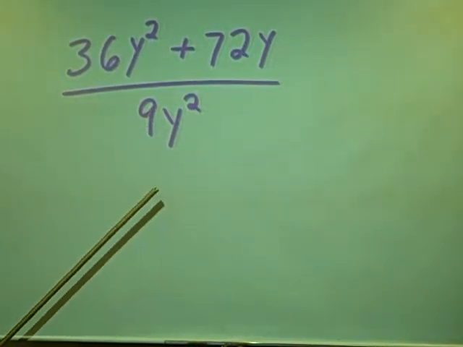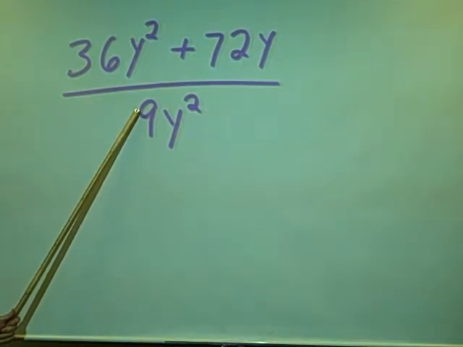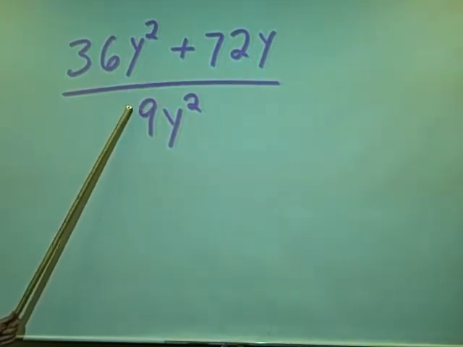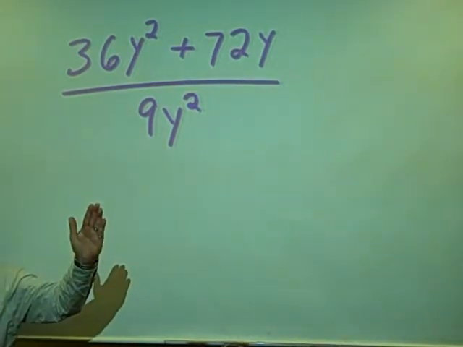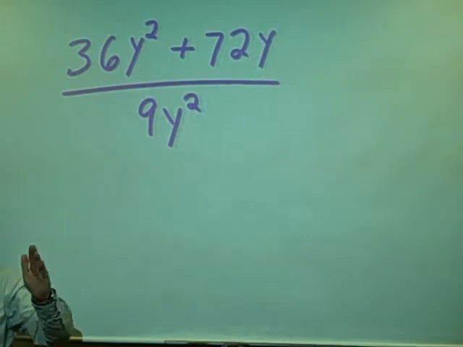But we can do something. What can we do here? And then simplify. We can take these terms and we can split them. And then we can cancel. There's one way.